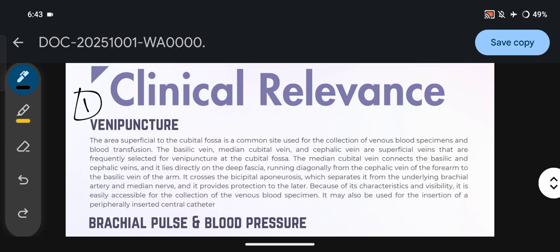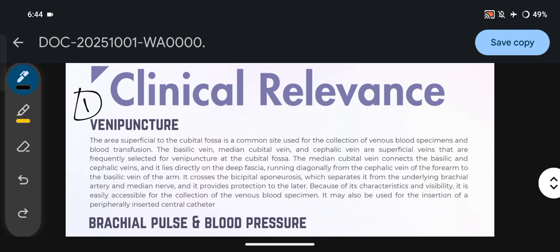Because of its characteristics and visibility, it is easily accessible for the collection of the venous blood specimen, and it may also be used for the insertion of a peripherally inserted central catheter.